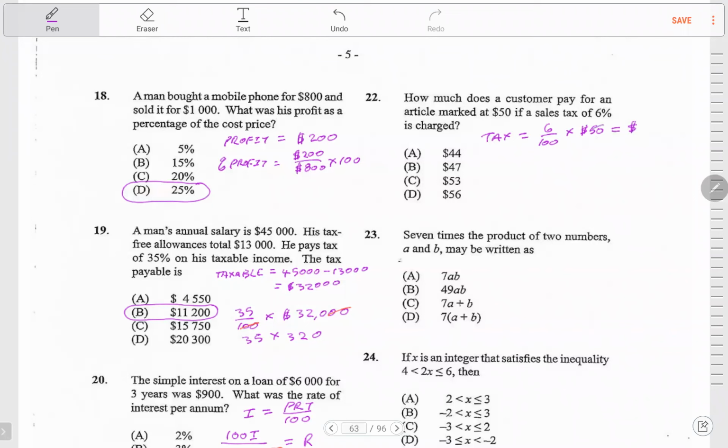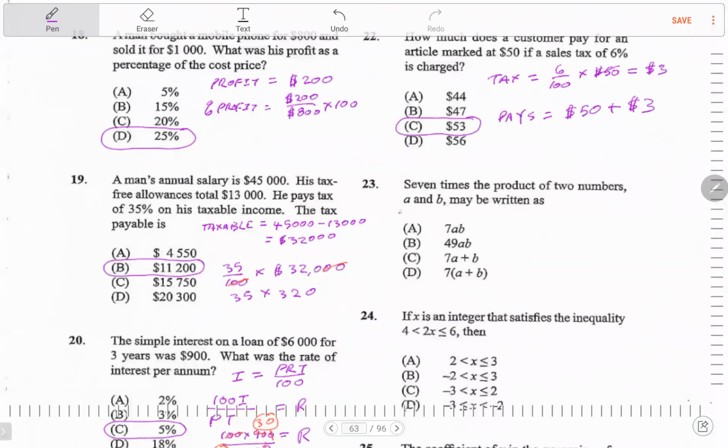Because this is half, right? It is half if you cancel it down. And then 6 over 2 is 3. So that is $3. And so he pays the $50 plus the $3 tax. So it's $53 that he's paying. $53. All right, next one.